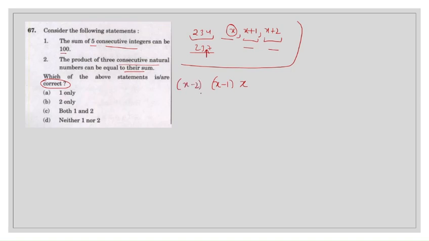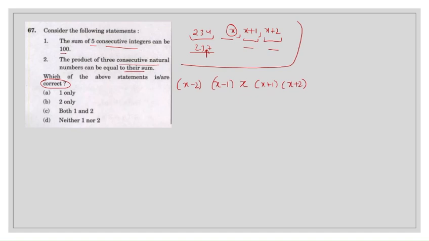This is the first integer, this is the second and this is the third जो हमने x माना है. So we assume the number to be a variable because obviously हमें value नहीं पता कि वो number क्या है, and check करने के लिए ही हम variable put कर रहे हैं. Then the fourth number becomes x plus 1 and the fifth number becomes x plus 2. So these are the 5 consecutive integers that we have for now.